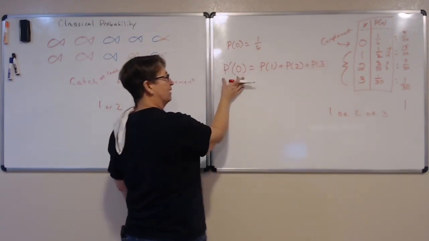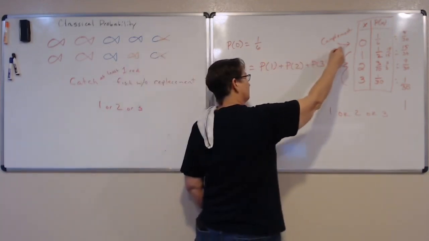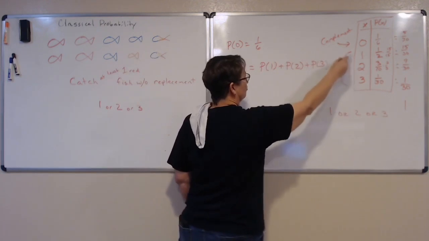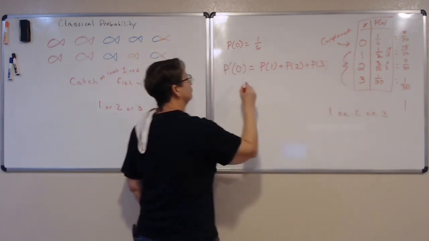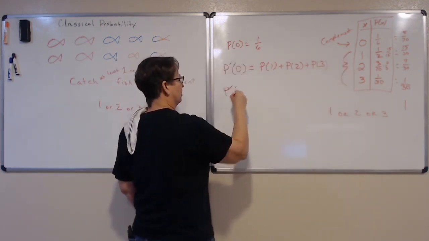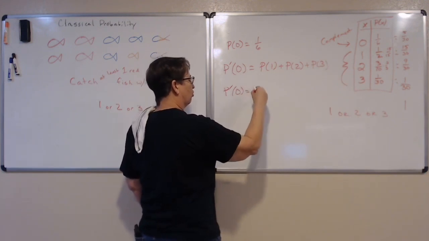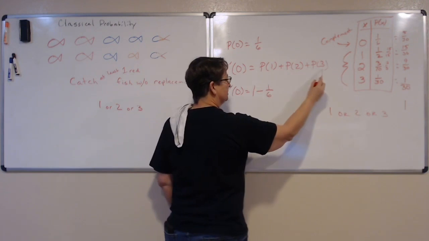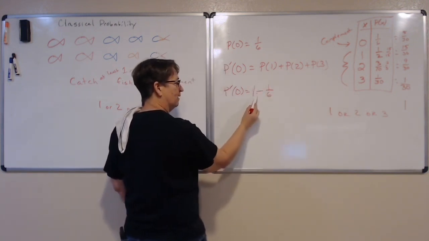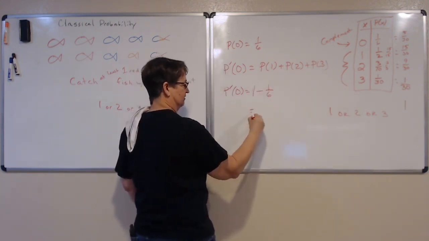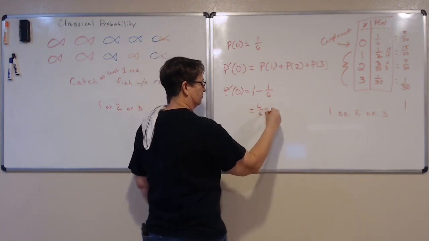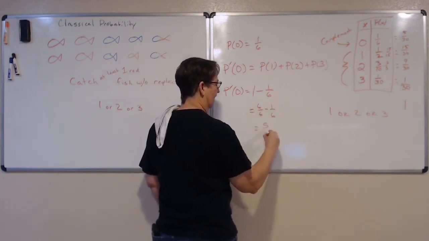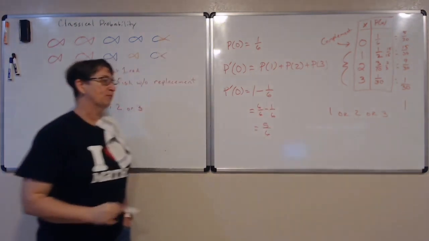These things are the same thing. The complement of this is equal to those guys. It's also equal to 1 minus the 1/6. Make it 6 over 6, and you got 5/6 is the probability.